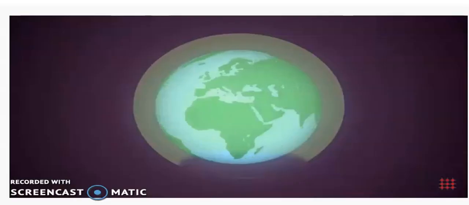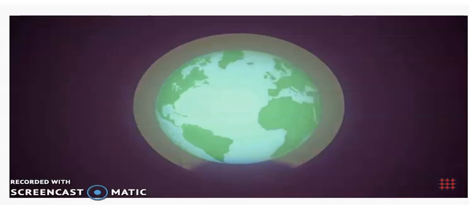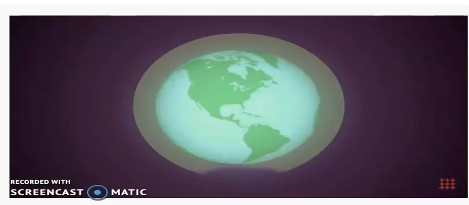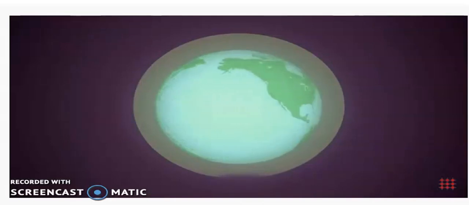In 2016, it was reported that the amount of chlorine and other ozone depleting substances in the atmosphere had been reduced and the ozone hole was gradually healing.